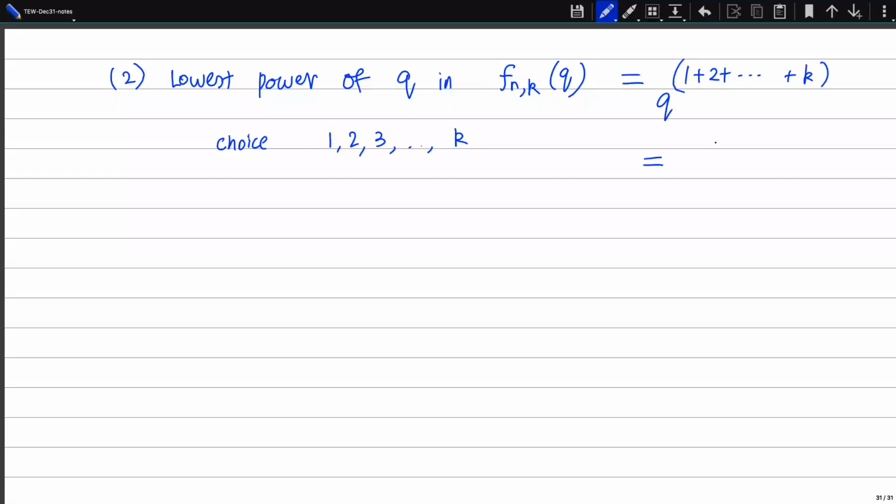Of course, we know what that is: k into k plus 1 by 2. So this polynomial will always start only from that power of q, and so you can pull out that power of q from f n k of q.